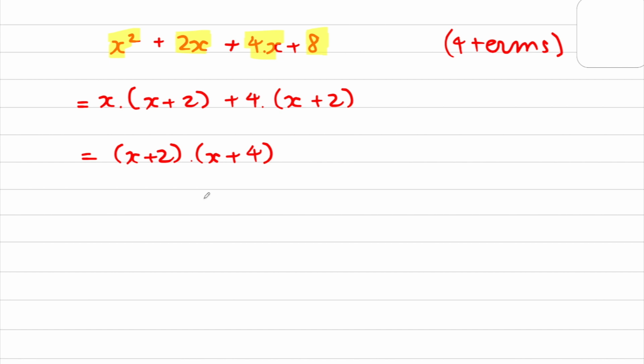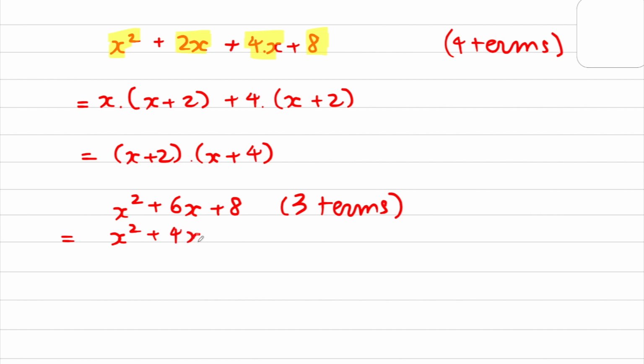But for another form of quadratic equation, I will give you x squared plus 6x plus 8. Here you only have three terms. The problem with this kind of question is how you can change this one into the four-term form. Because once you have that form, it is possible to factorize, but for x squared plus 6x plus 8 we cannot factorize directly.